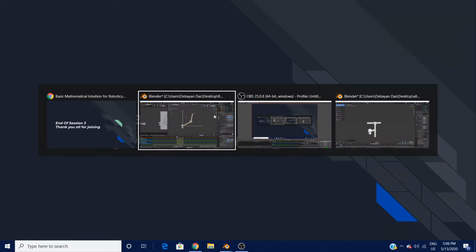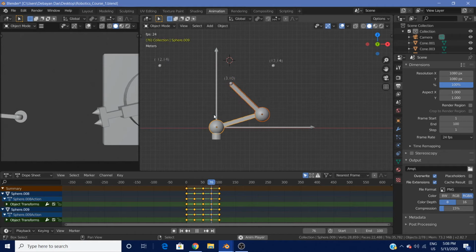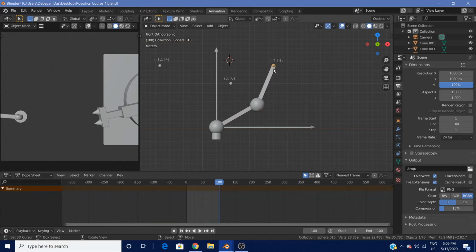For example, here, this particular arm is very simple to have a relation between the joint space, which is in this case just theta 1 and theta 2. With just theta 1 and theta 2, we could actually find out what the value of xy coordinates of this end effector is, simply because we know that the x coordinate is going to be theta 1 cos, it would be this link length. You have to know the link length, so it would be link length. We'll say that this is L1 and this is L2. In fact, I'll add it in.